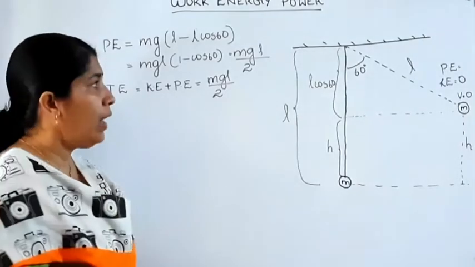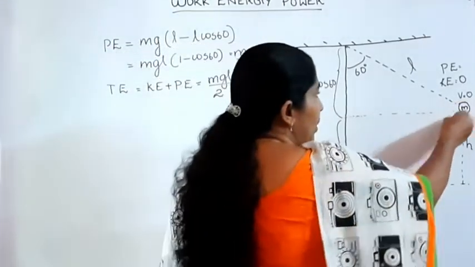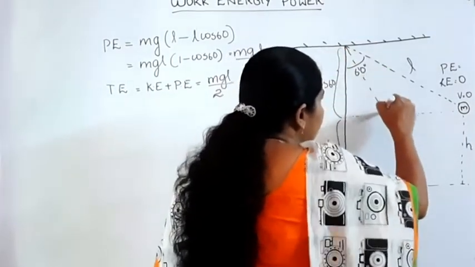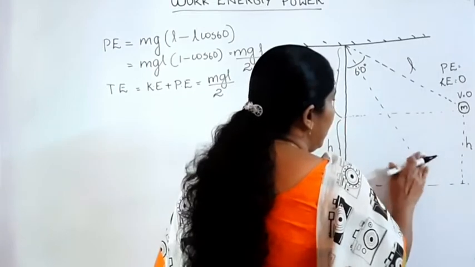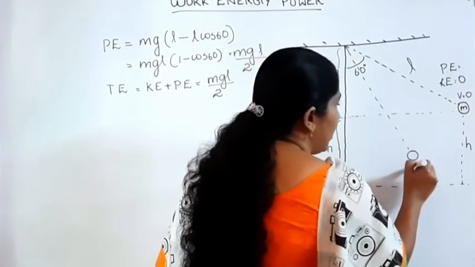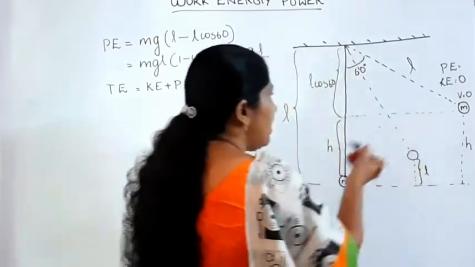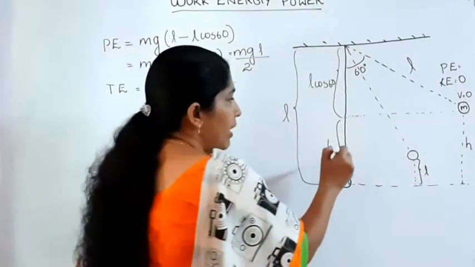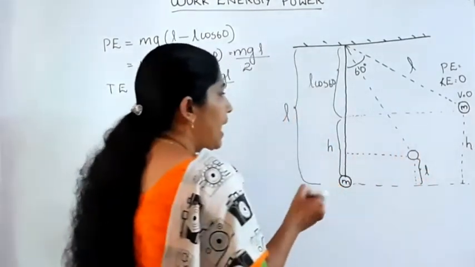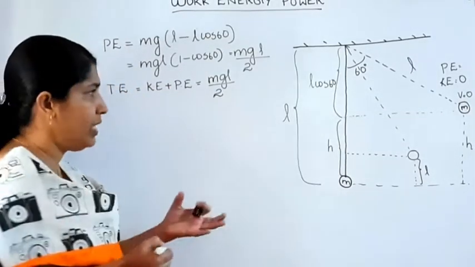Now, the pendulum is released from here. When the pendulum reaches an angle 30°, how can we find out the height from the ground? Just similar to the first case, that height is equal to L minus L cos 30. It's very easy.